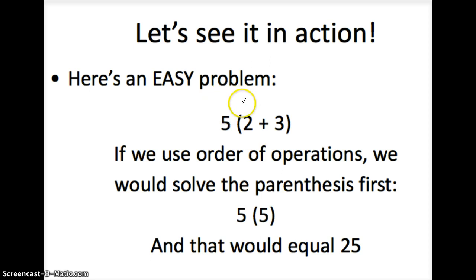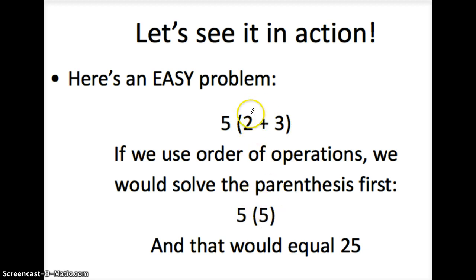Here's an easy problem. Just like the problem before, we can solve this two ways. If you have parentheses, just like in PEMDAS, you should solve what's in the parentheses first. So 2 plus 3 equals 5, and then 5 times 5 equals 25.